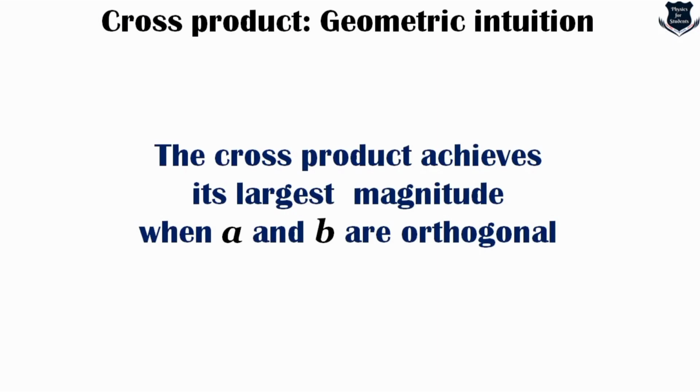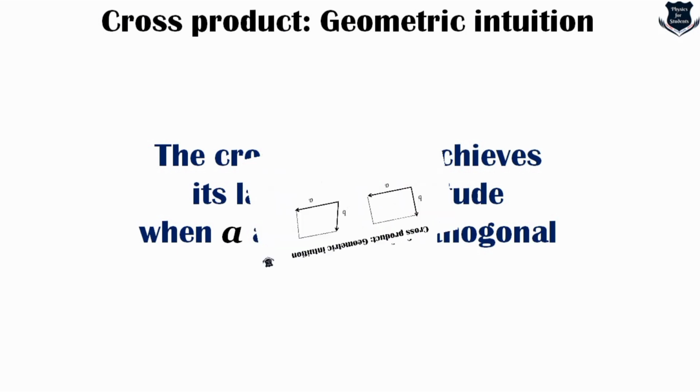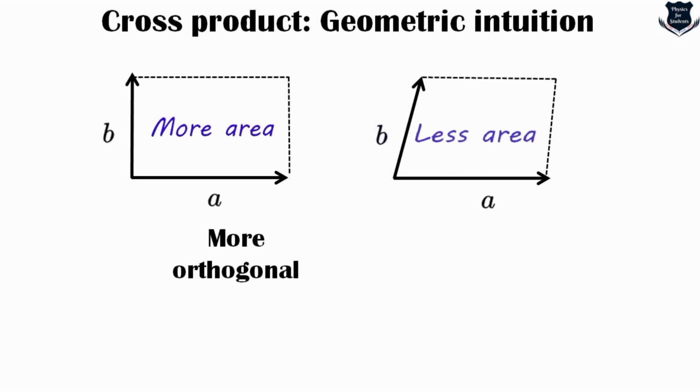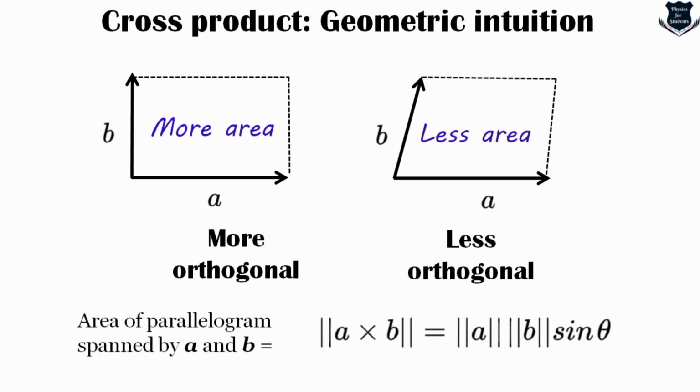Cross product achieves its largest magnitude when A and B are orthogonal. Okay. Now there are two figures, right? Here there are two figures. And this one and this one, you can see that one is a little bit tilted and one is absolutely perpendicular. So obviously the perpendicular one gives more area because it is more orthogonal, and this one gives less area because it is less orthogonal. And what it defines from here is that now we have designed a formula that we can calculate the area of a parallelogram just by multiplying A with B. Right?